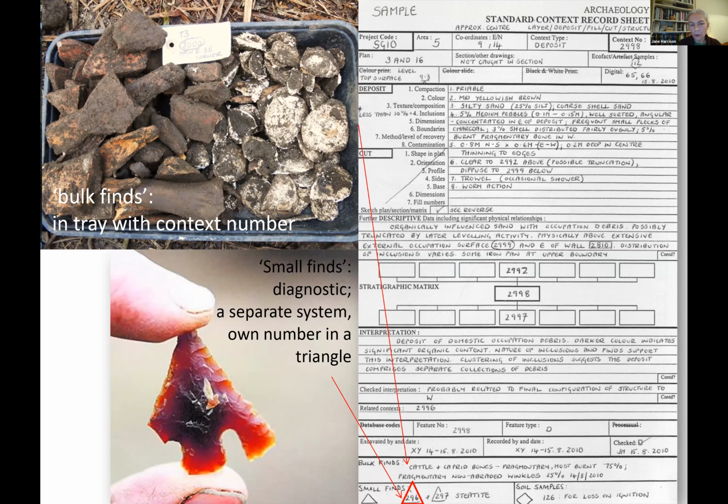And that can include, as you can see in this tray, bone, pottery, tile, or what's known as ceramic building material, which is the catch-all. In this case, the nuns of the priory that we were excavating there were eating a lot of oysters. And you can see that there's a little tag with the tray, which gives the trench number. It gives the context number, so the number that labels your soil.